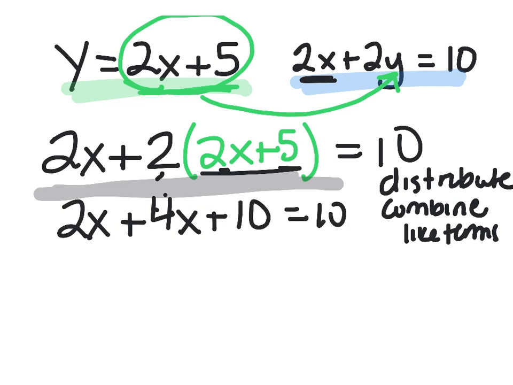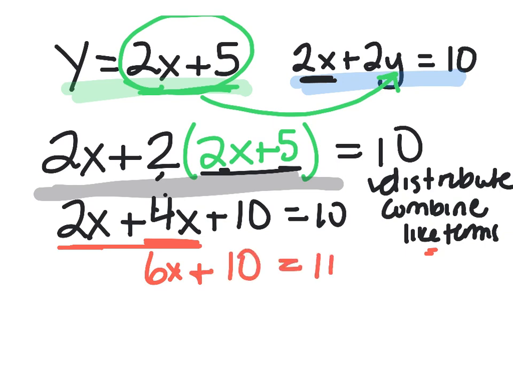So now we've distributed, and now we're going to look at the like terms. Now like terms are the same variable and the same exponents. 2x and 4x can go together, and that's what you want to do in your solving equations. Simplify each side first. So we get 6x. That cannot go together with the 10, they're not like terms, equals 10. Now I notice that there's a 10 on each side, and if I subtracted 10, this one would disappear on this side.